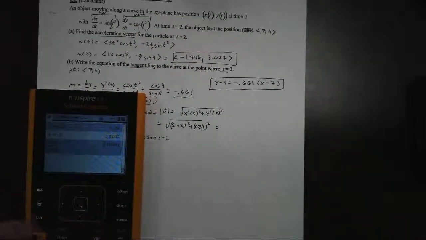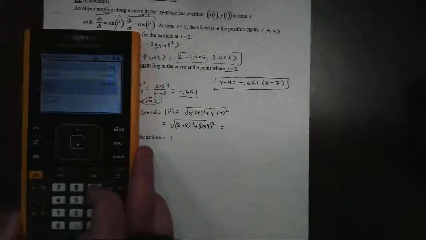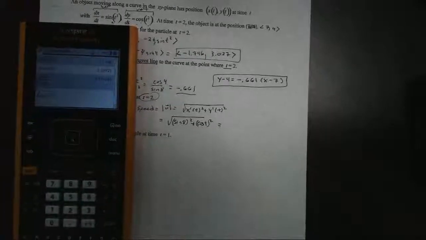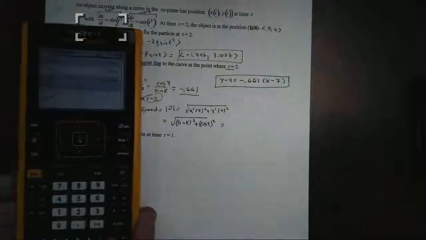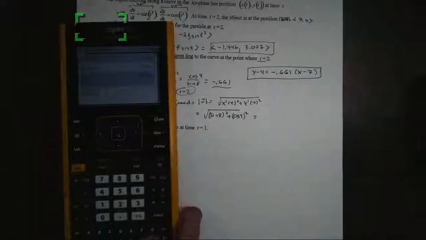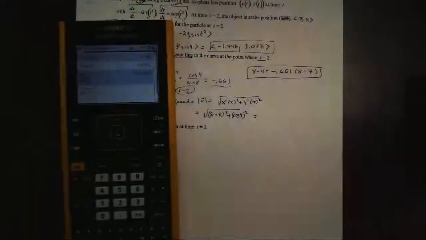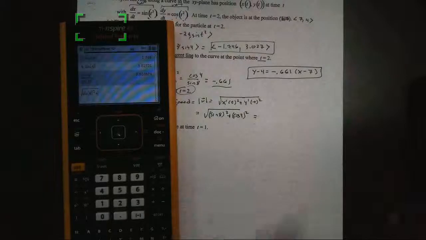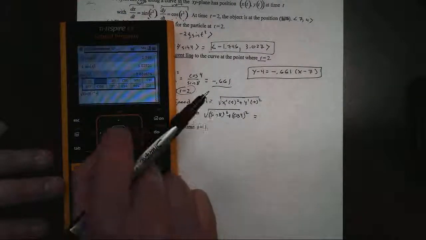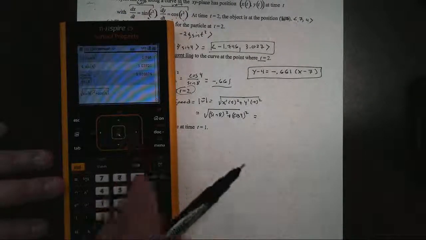So let's go ahead and do that. When I type this in, square root, I'm going to go with the sine, you don't need the parentheses, of 8, excuse me, of 8 squared, plus, now I'm going to do the cosine of 4 squared.